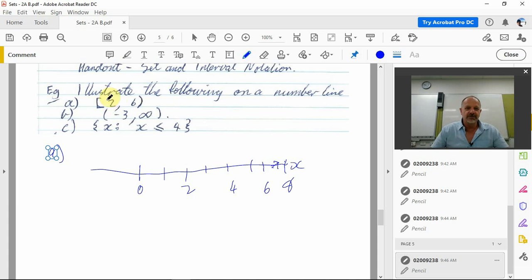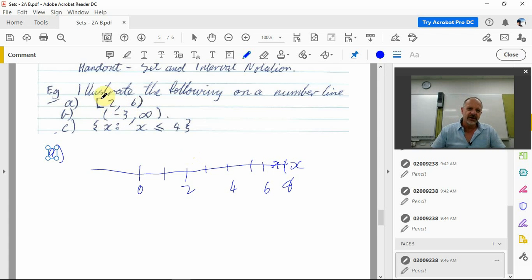So what have we got? 2, the number 2. Now you see the square bracket. The square bracket means that the 2 is included as well. So for these numbers between 2 and 6, the 2 is included. The 6 is not. Everything way up to a teeny tiny bit less than 6 is included, but 6 itself is not.